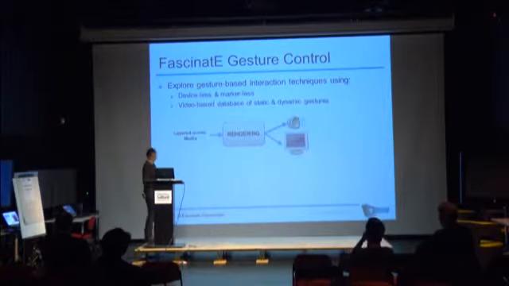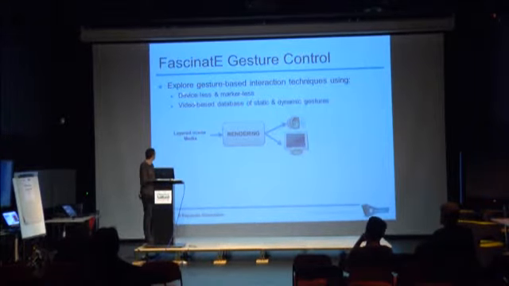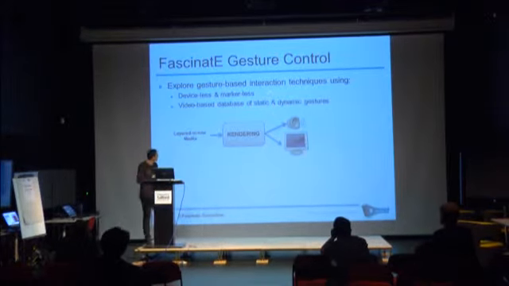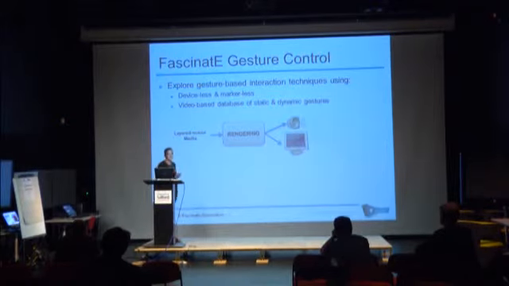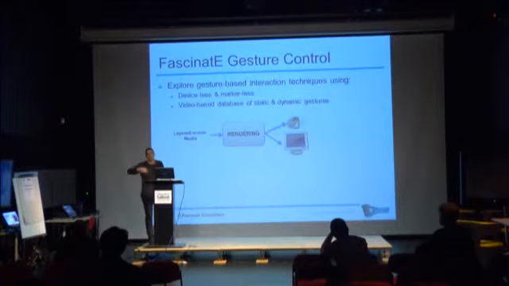So what we have done in the Fascinate project is create a module that understands gestures with no device. Basically, it understands two kinds of gestures. Some are static gestures. What we call static gestures are gestures that are performed in a single moment. You don't need to move your hands, like this shush gesture. It's a static gesture. And some are dynamic ones, where you can navigate through the system.